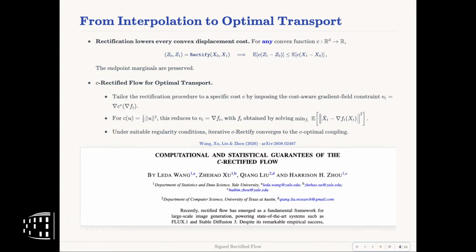If you iterate this process, you will get the optimal L2 cost. In general, you can get the optimal C cost, when C is a smooth convex function. Recently, Harry and collaborators had some analysis of this process and showed that it can converge to the optimal coupling under certain conditions.